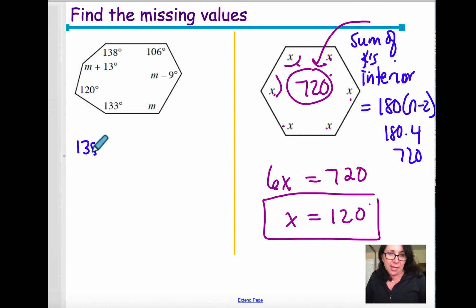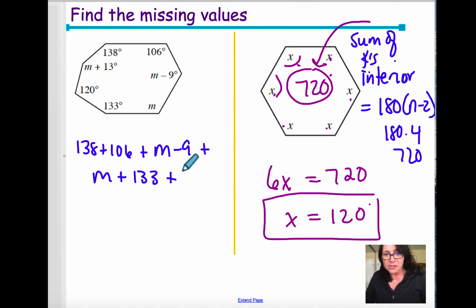You'd go 138 degrees plus 106 plus m minus 9 plus m plus 133 plus 120 plus m plus 13. Let's see. This is 1, 2, 3, 4, 5, 6, 7. This is not going to equal 720. This is going to equal something else because it has 7 sides.